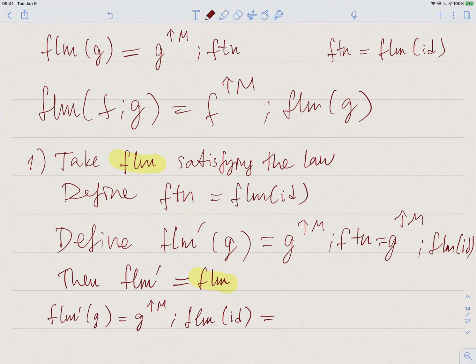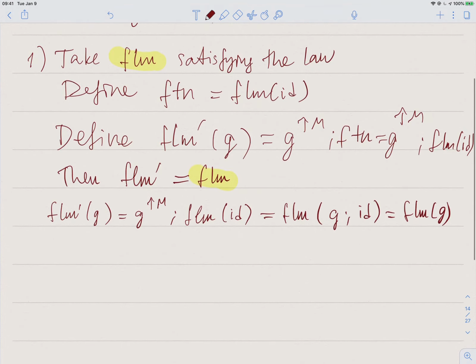So this is therefore flatMap, which we assumed satisfied the law, of g semicolon identity, but that is clearly equal to flatMap of g. So for any g of type A to MB, we have proved that the new flatMap is equal to the old one.